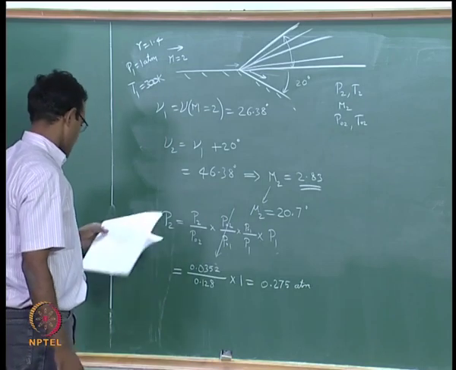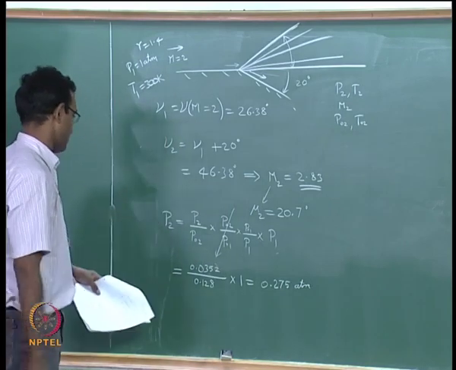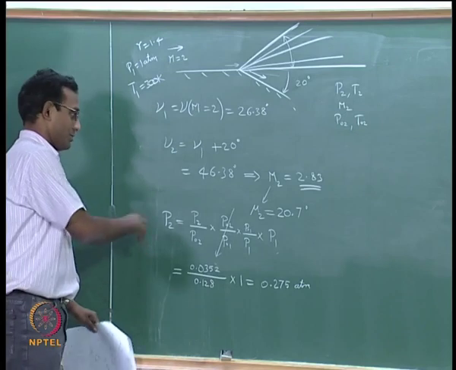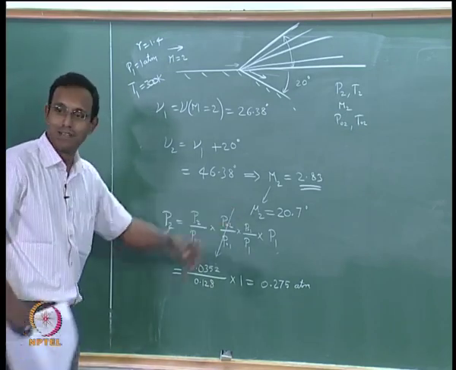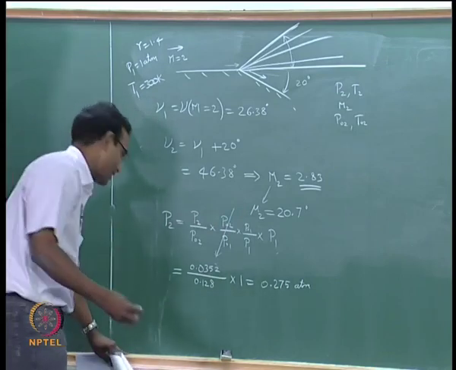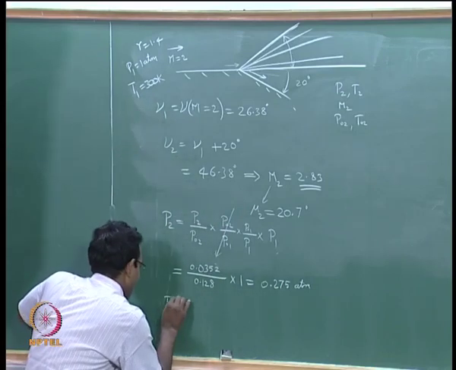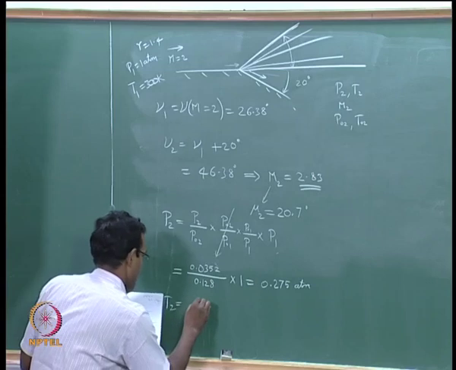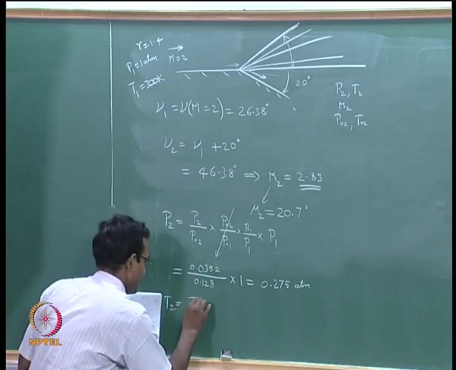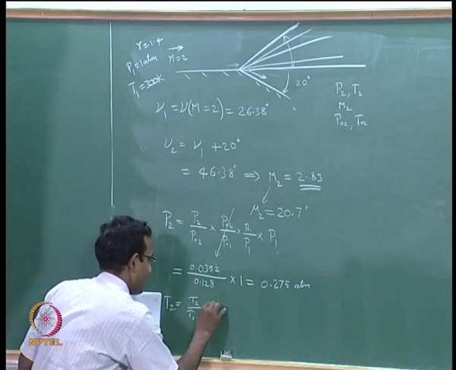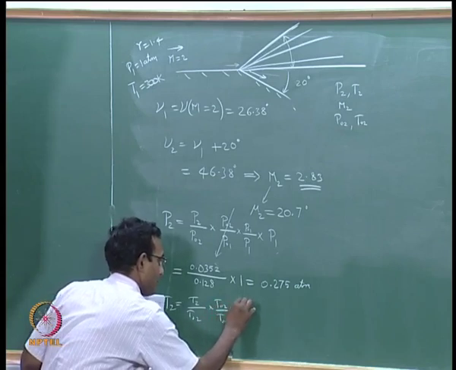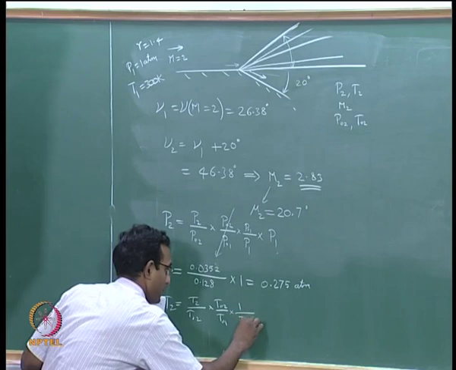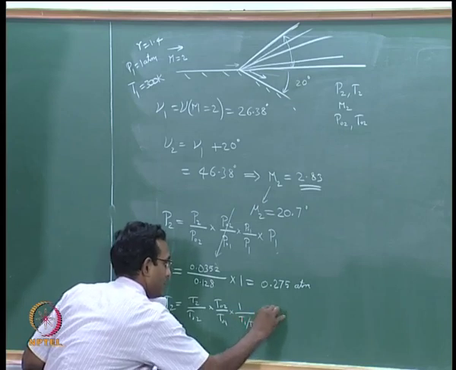Okay. Now, the same thing I have to do for temperature. Of course, I can just say that instead of all the P's, replace them with T's, that is all you need to do really. T2 will be T02 into T02 by T01 into 1 by T1 by T01 into T1.